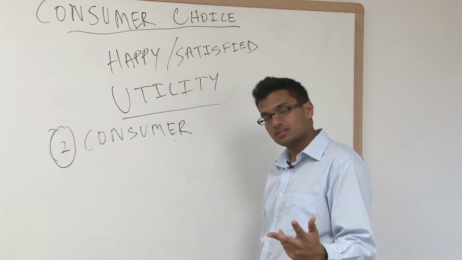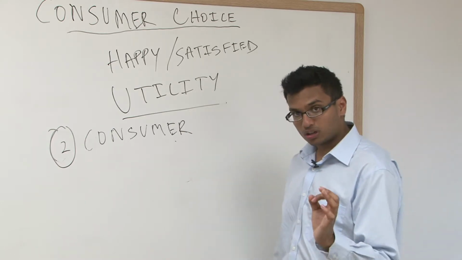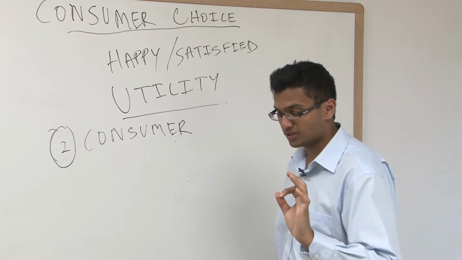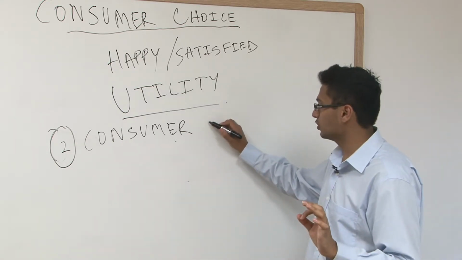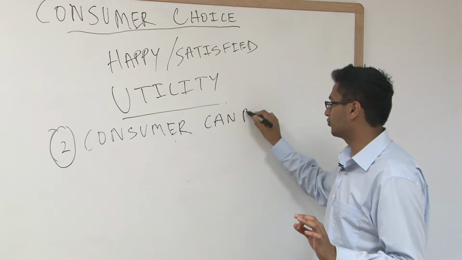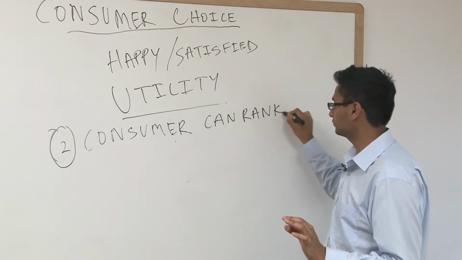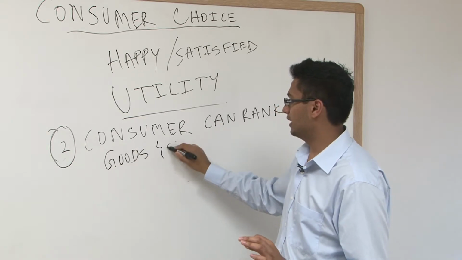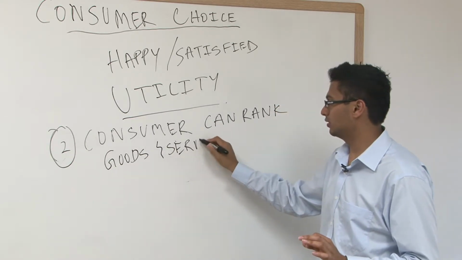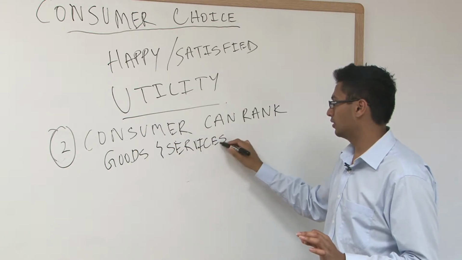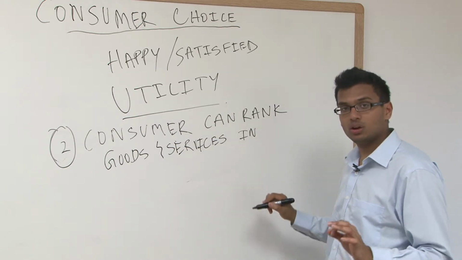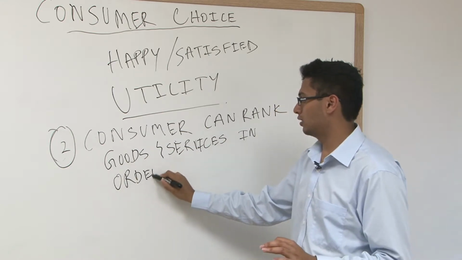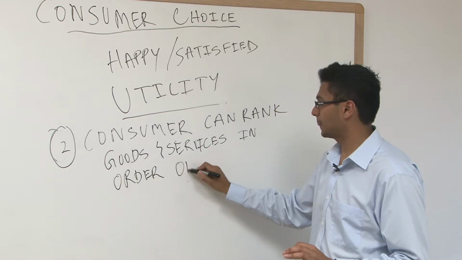Number 2 says that a consumer can rank goods and services in order of preferences.